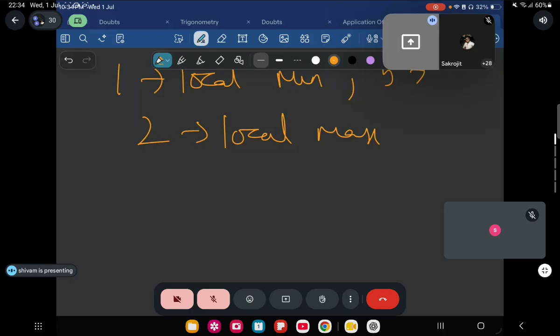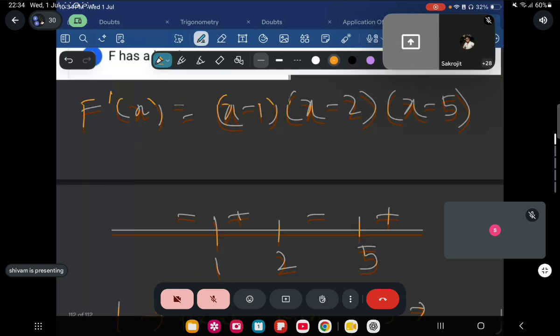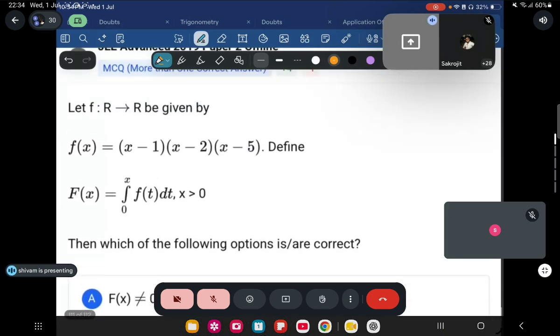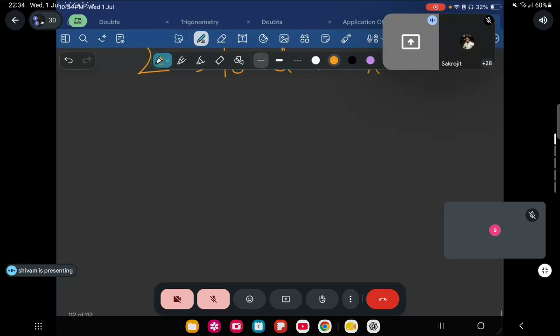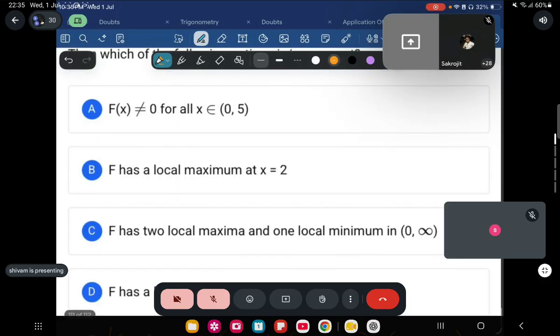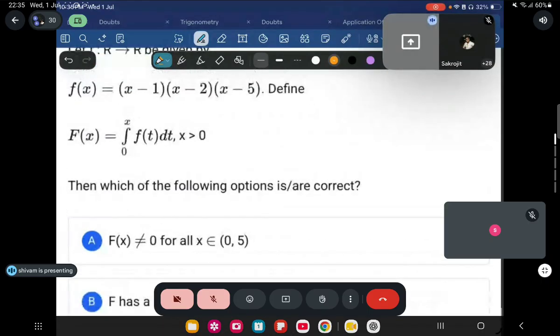How will the graph of f of x look like? Oh, acha, I understood.